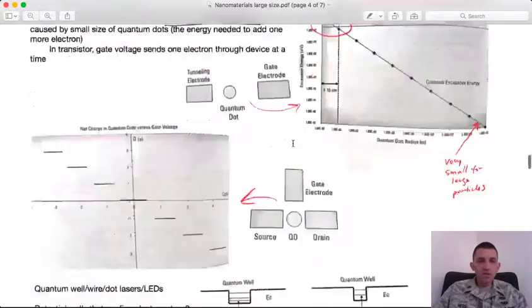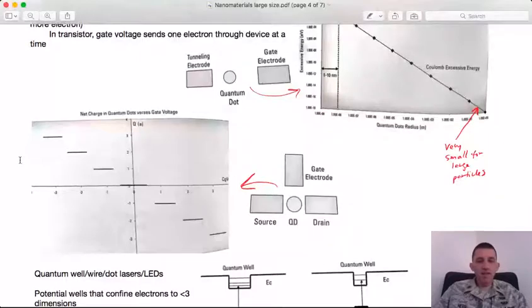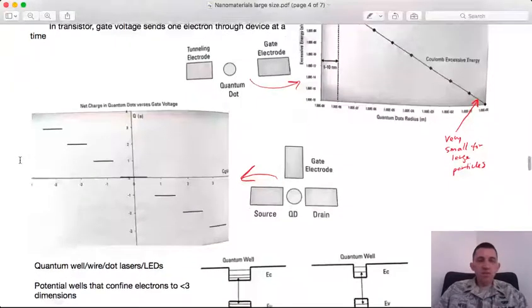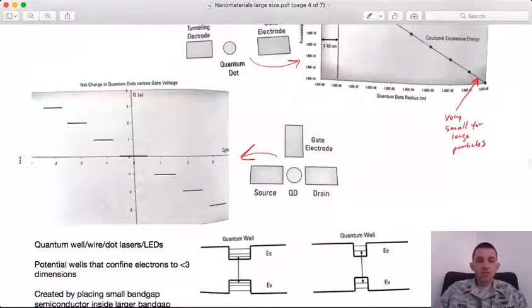And so not only does it become harder to add that single electron, but the net charge in that quantum dot becomes discrete, right? Because we can consider adding one electron at a time.